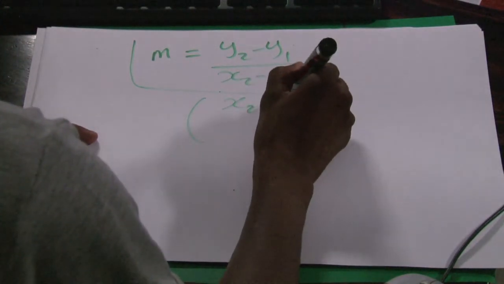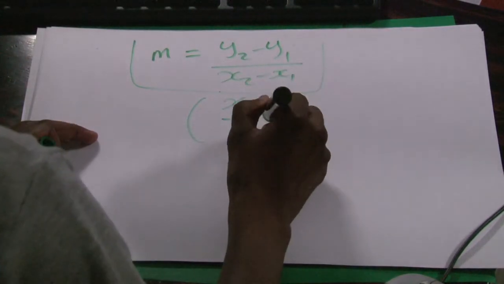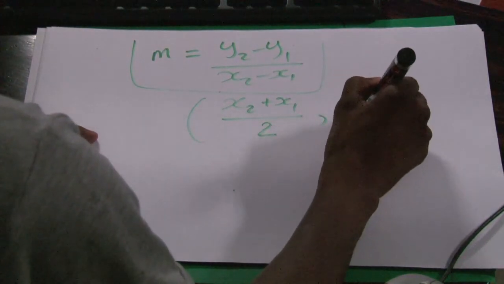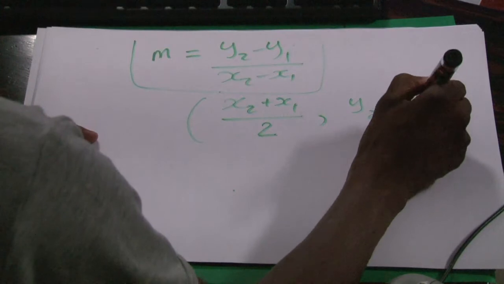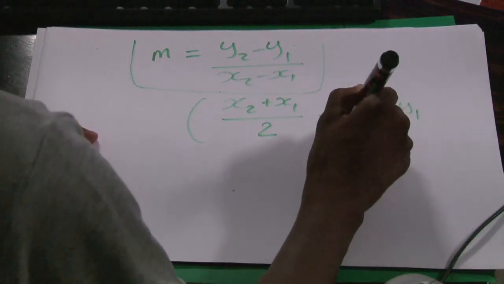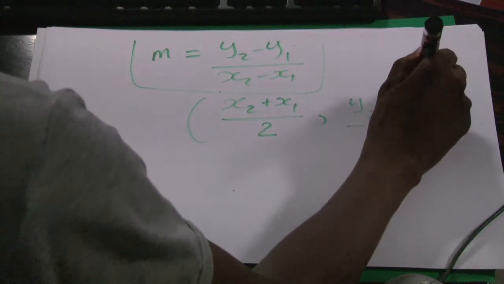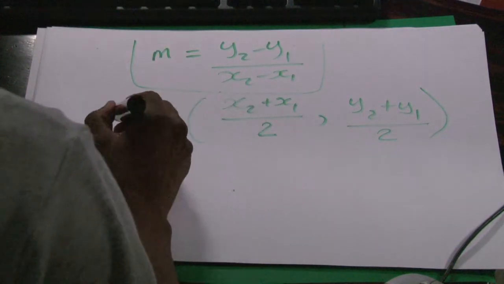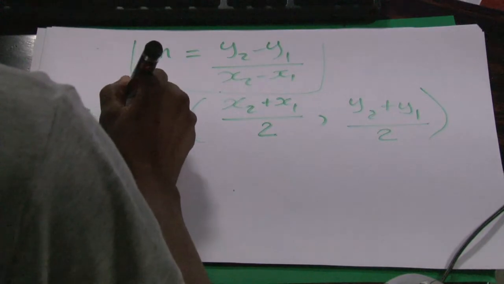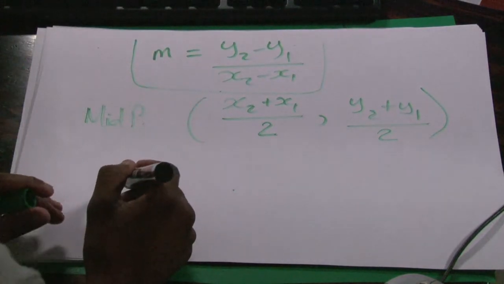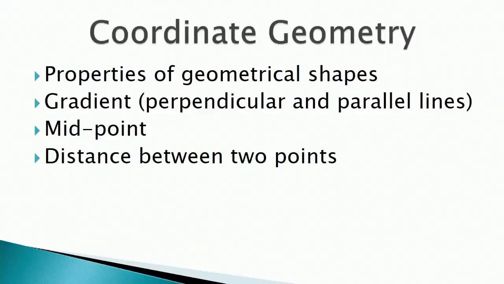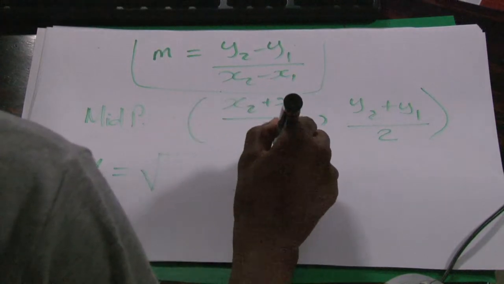You add them together, like the x values, you add them together, divide them by 2, and then you go to the y values, add them together, and then divide them by 2. That's what you get there. This is for finding the midpoint.